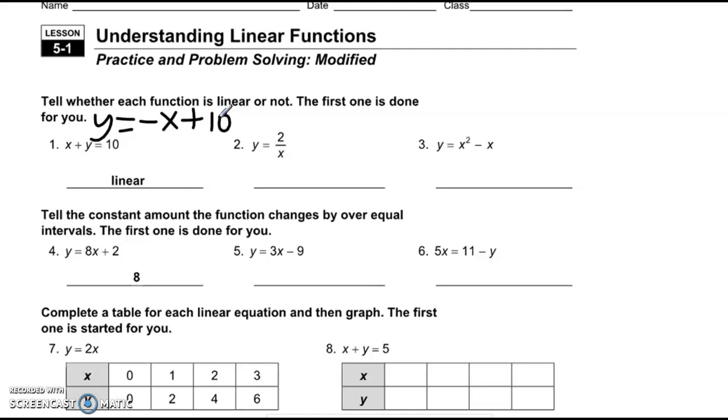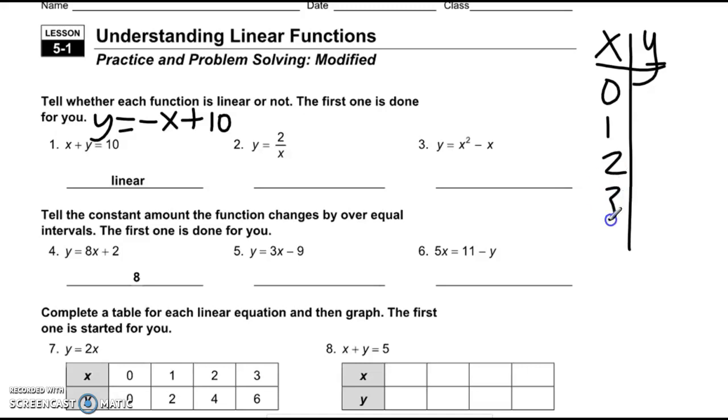So let me show you out here why it would not be a linear function. And if you want to write these out, you can. So this is number 2. If I plug in 0, can I take 2 divided by 0? No, that's undefined. I'm not going to have a value.